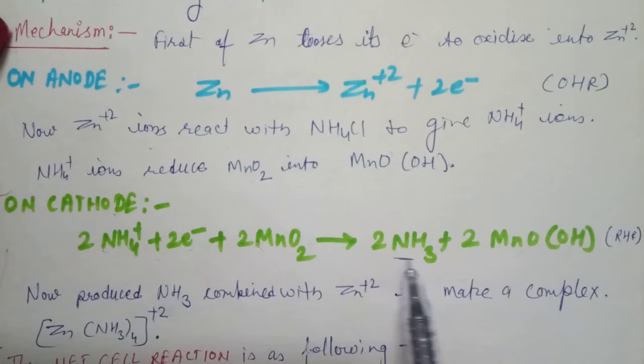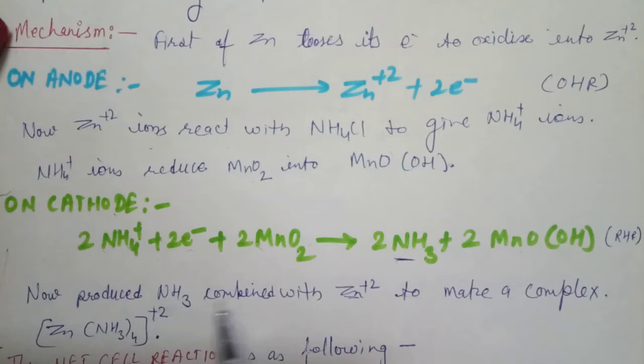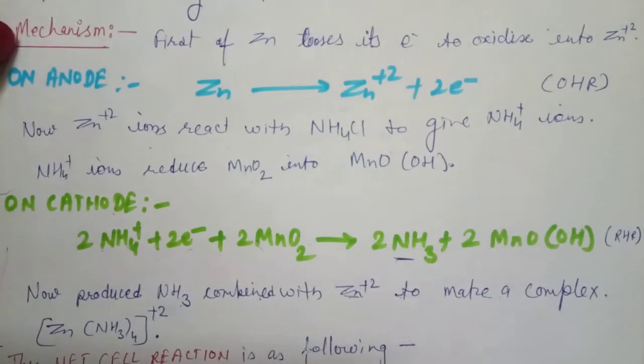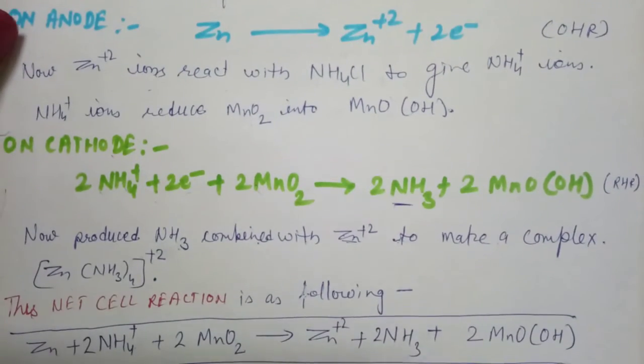This ammonia combines with the Zn+2 ions to make a complex. So the produced NH3 combines with Zn+2 ion to make the complex [Zn(NH3)4]2+.